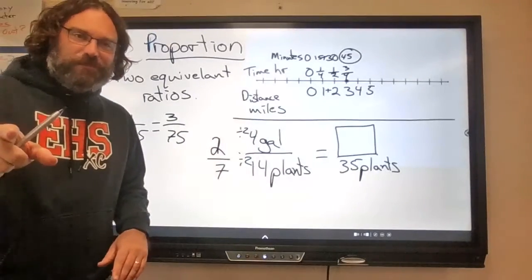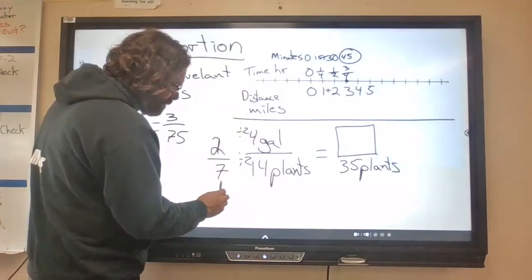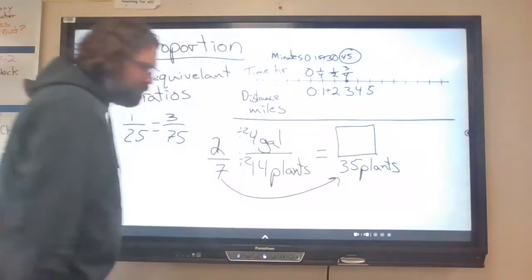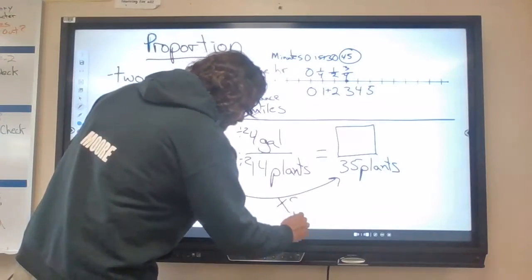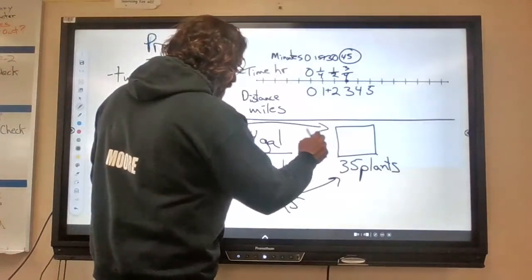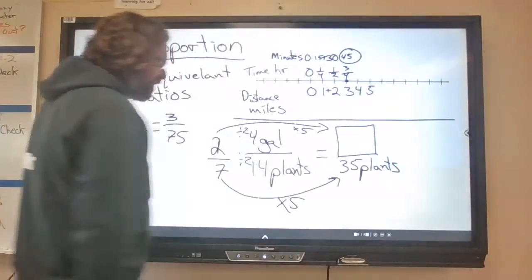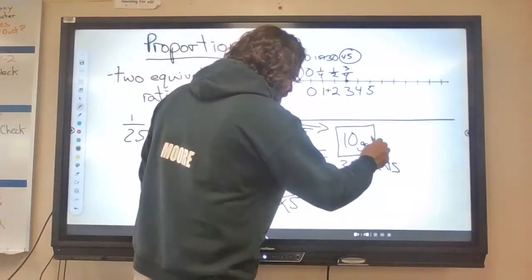And then all of a sudden, now I really recognize something. What does it take to get from 7 to 35? I multiply times 5. So now I'm going to come up here and go times 5, and 2 times 5 is 10.